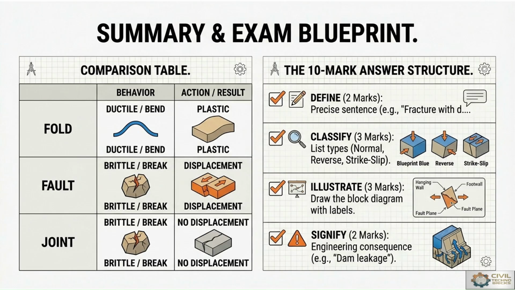So with reference to the exam point of view, this is how we start to mark the answer to the questions. We have to go for the definition of each and every technical structural component, which gives you the introductory marks. Then we have to classify the faults and classify the joints with reference to their diagram, with reference to the forces acting on them.